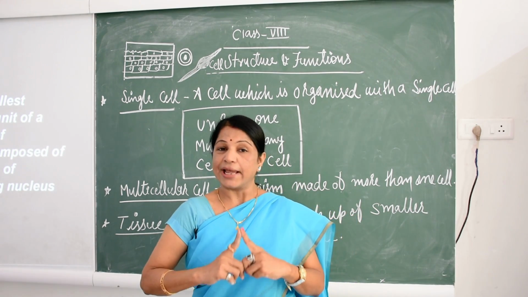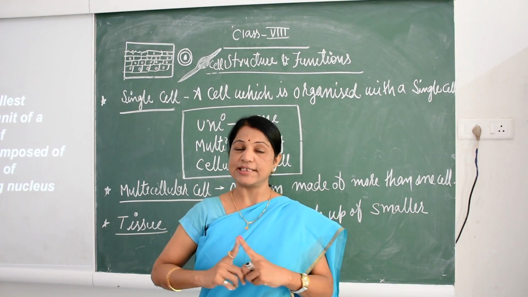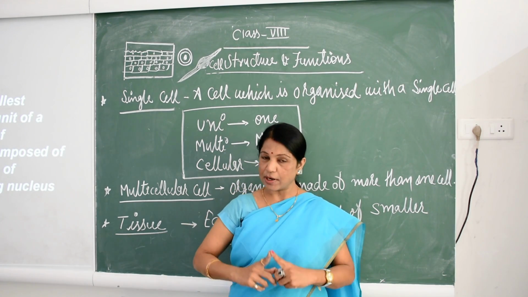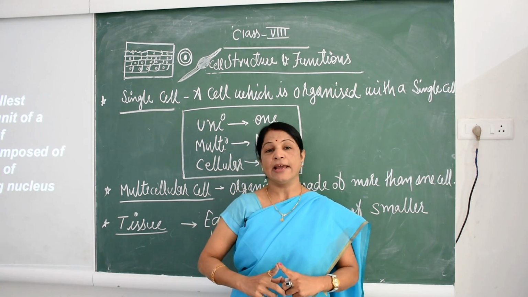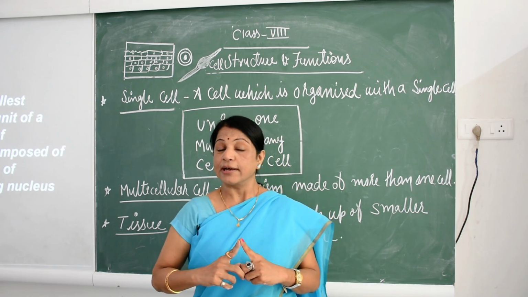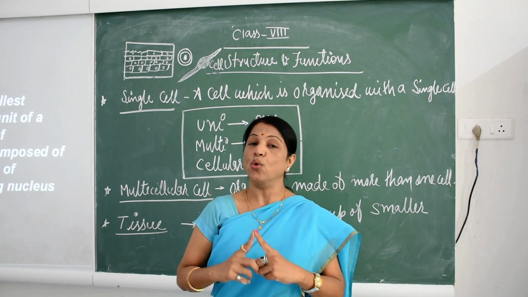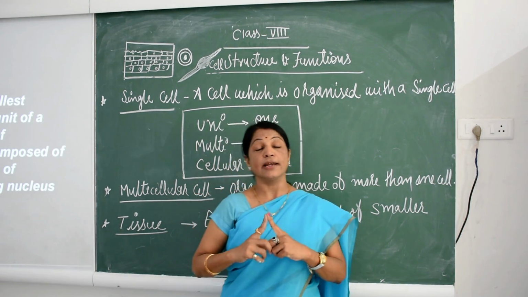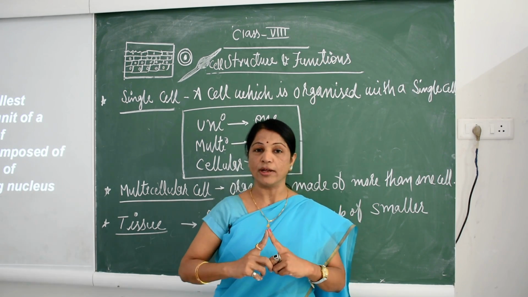It means the animal cell. Further we see what is the animal cell, what is the plant cell, what is the cell, and we salute our great scientist Robert Hooke, who discovered the cell in 1655.